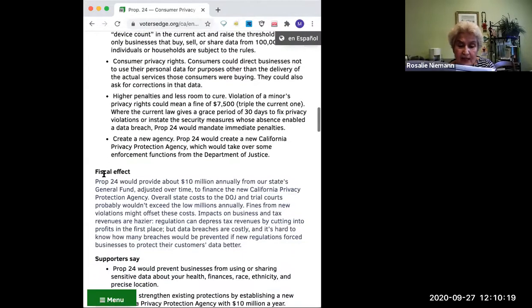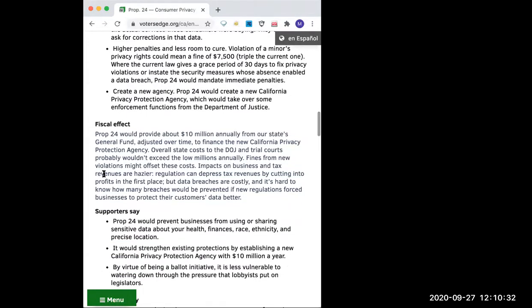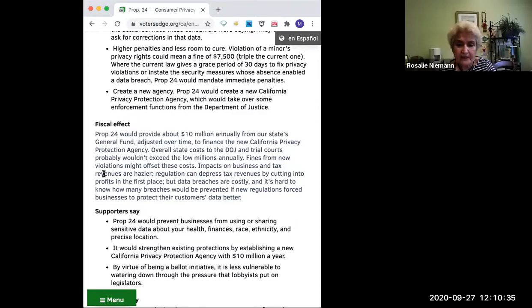And it would create a new agency. Prop 24 would create a new California Privacy Protection Agency, which would take over some enforcement functions of the Department of Justice. The fiscal effects are that it would provide about $10 million annually from our state's general fund, adjusted over time, to finance the new California Privacy Protection Agency.